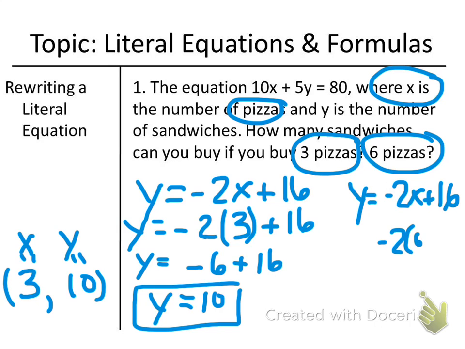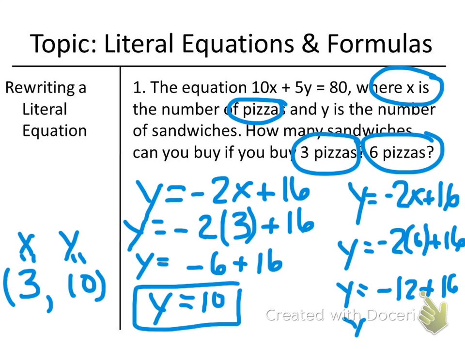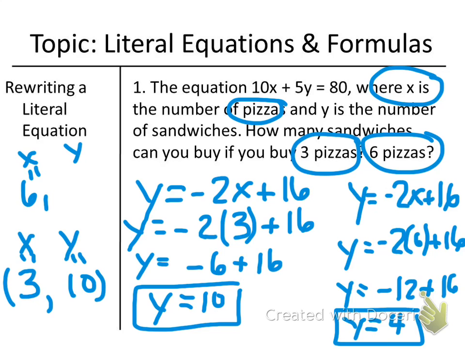So negative 2 times 6 is negative 12. Negative 12 plus 16 is 4. So this time around, whenever x is 6, y equals 4.